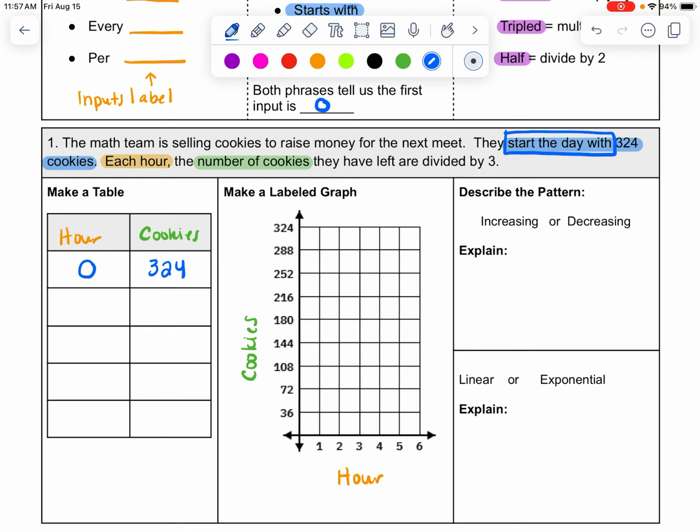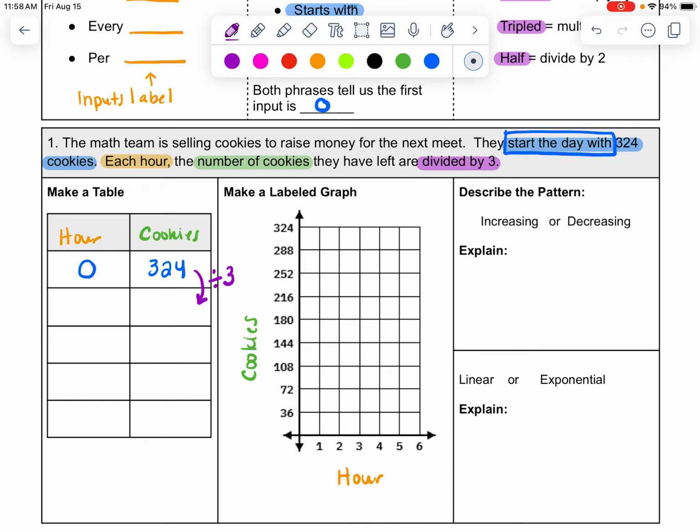In order to fill in the rest of the table, I need to look for a pattern word. So a word like adding or subtracting or multiplying or dividing. It says here that the number of cookies they have left are dividing by 3, which means to get the next number, I'm going to need to divide by 3.